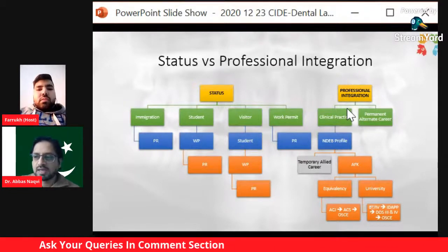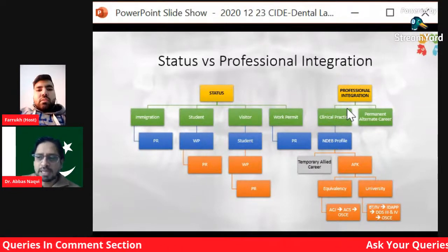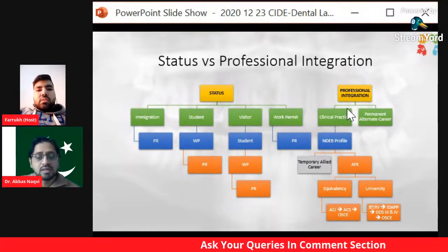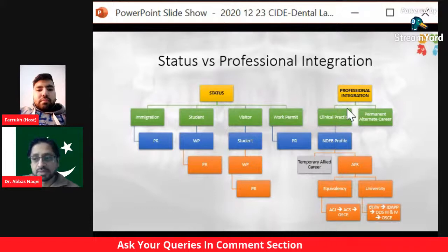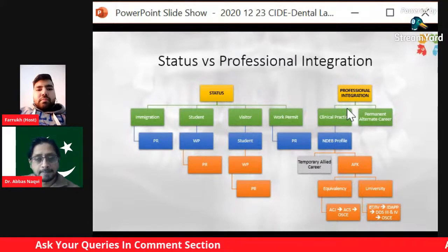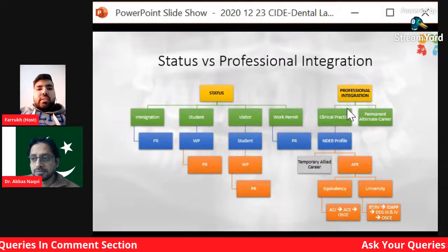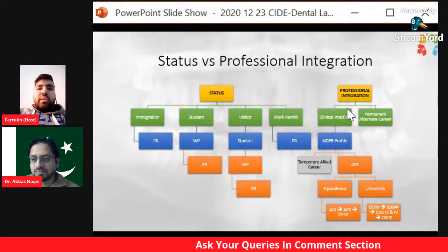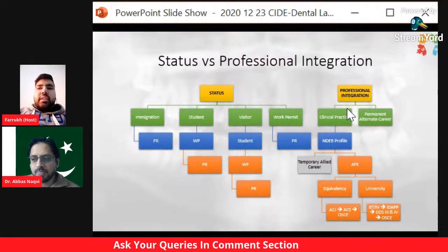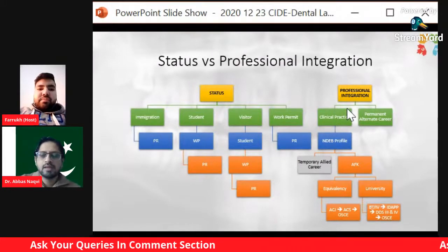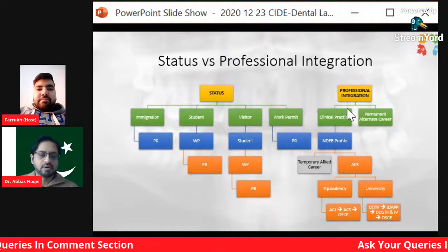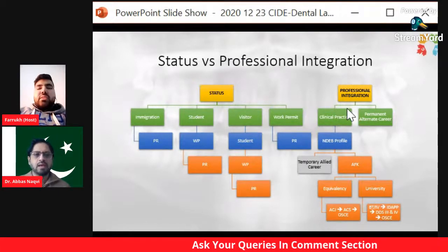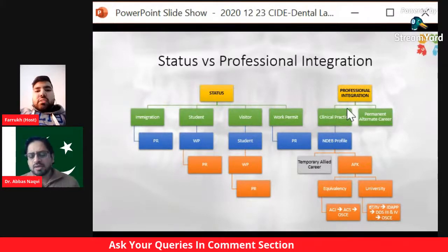And the other thing is that the student pathway is better and easier for a fresh graduate. So the student pathway will be a better choice when you are planning to go for the Canadian license exam, if you don't qualify for immigration.